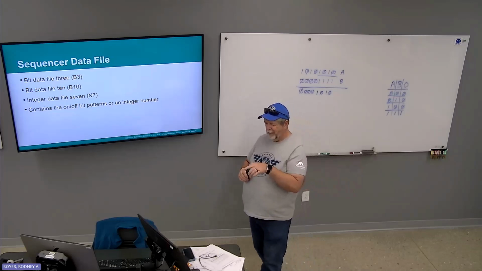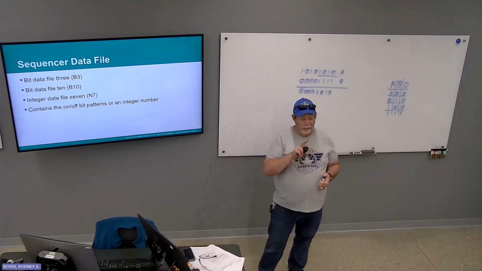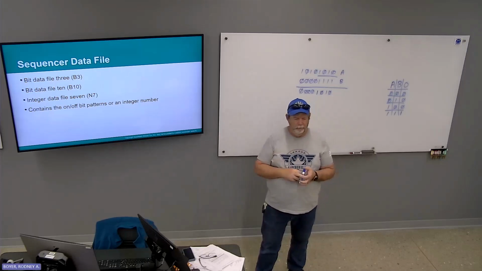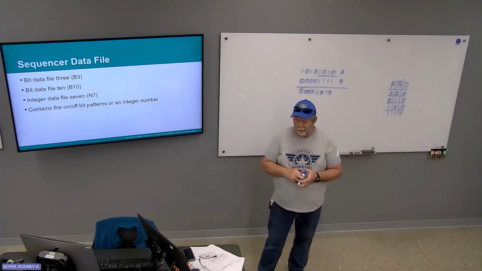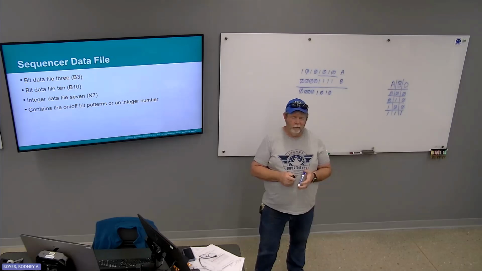The reason why it says B10 there is because by default, there are 2-bit files on the SLC, and this book is written with the SLC controllers in mind.